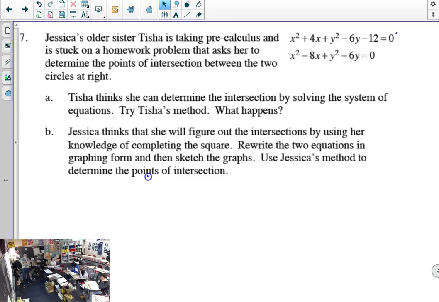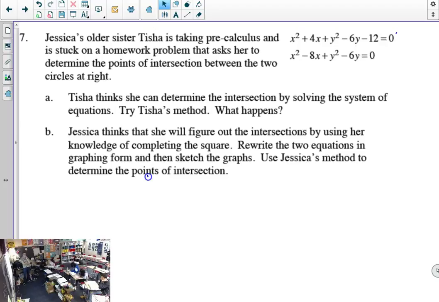Chris? Could we take the first equation and start off by subtracting 12x from both sides to make it x squared minus 8x plus y squared minus 6y equals 12 minus 12x? So what did you do first?